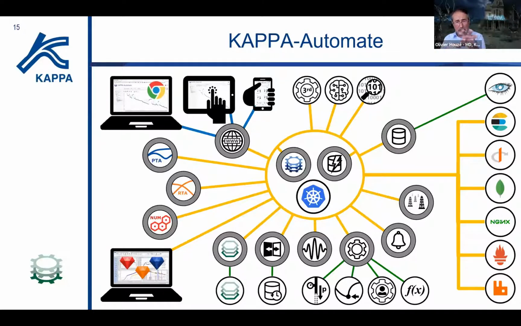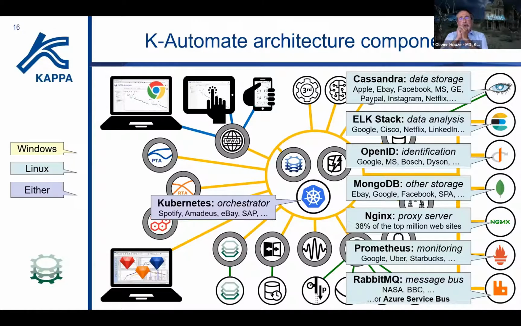Now, I'm going to go to bits and pieces of this slide. First, speaking about the architecture, the thing that is allowing the whole thing to work. Of course, the components that I am showing here, which are either microservices or servers, have definitely not been developed by KAPPA. This would be beyond what we can do. They have been developed or are being used by IT giants.